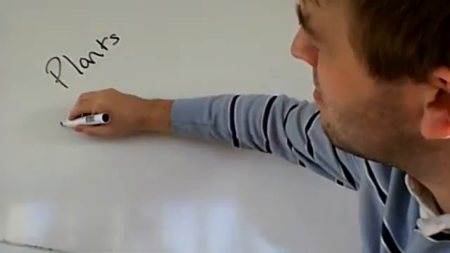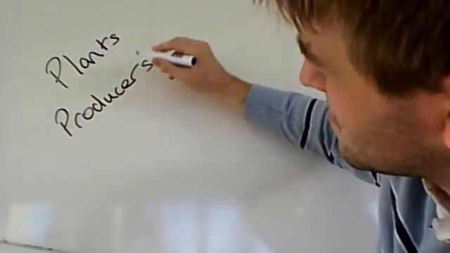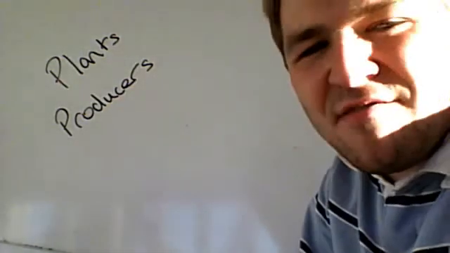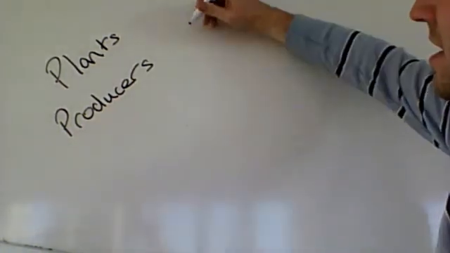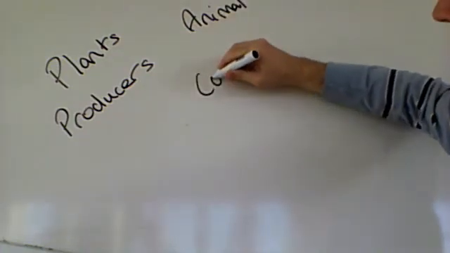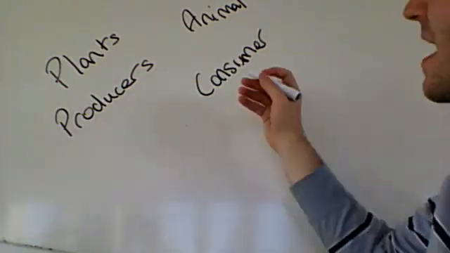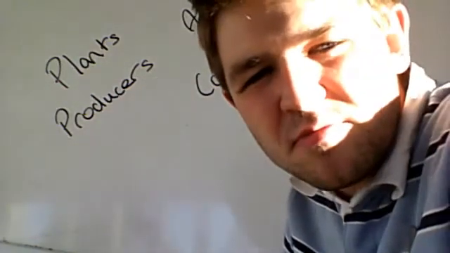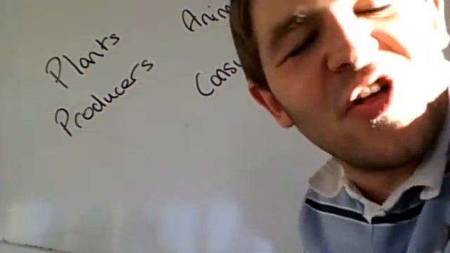We call them producers. Everything else, like an animal, is known as a consumer. It might eat other plants, it might eat other animals, but they eat other living things.